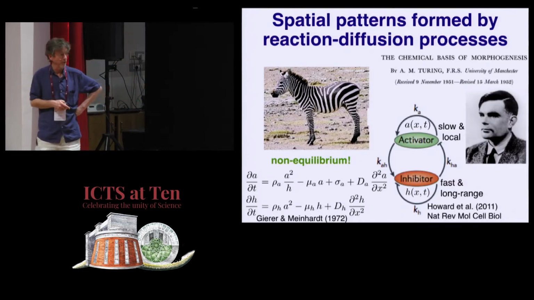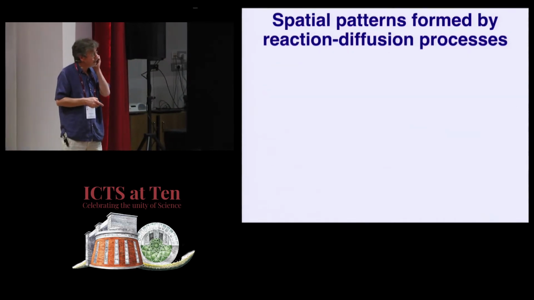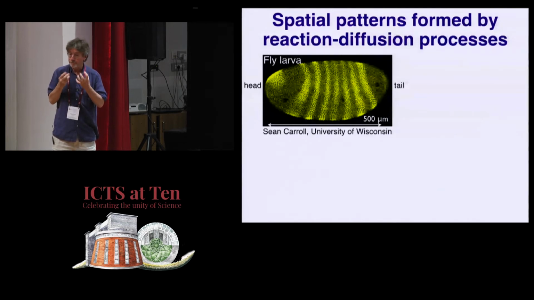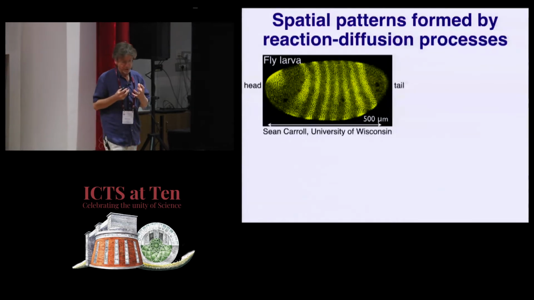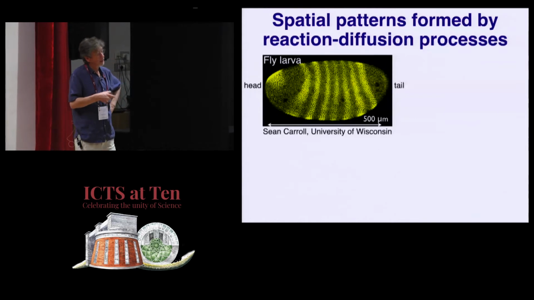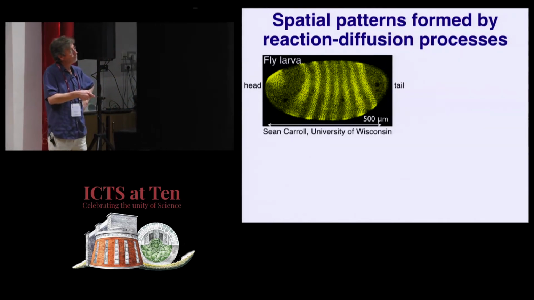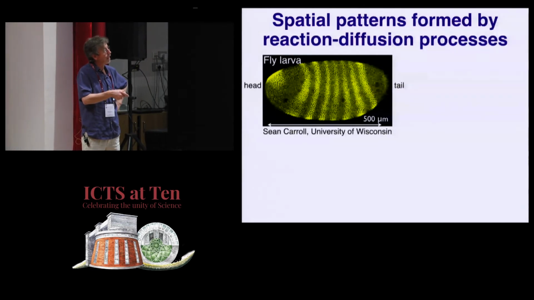Now, Meinhardt was interested in trying to understand the development of the fly, and it was in the fly that Nüsslein-Volhard and Wieschaus discovered the first morphogen. And so Meinhardt was interested in trying to understand how the stripes came about in the fly.